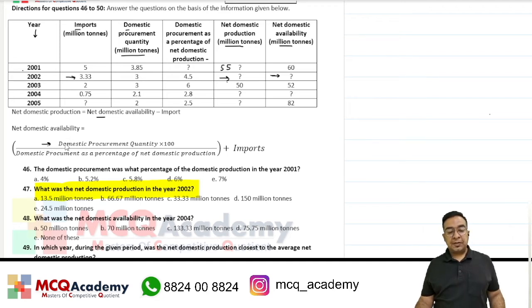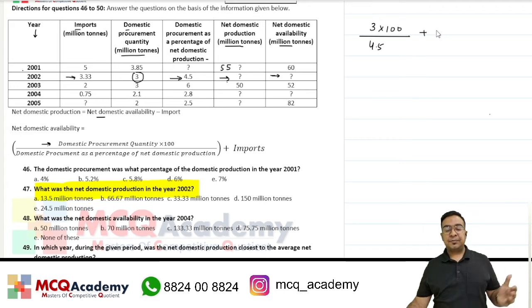Domestic procurement quantity, which is given in this case to be equal to 3, multiplied by 100 divided by domestic procurement as percentage of net production, this is equal to 4.5. We divide by 4.5, and then we need to add the value of imports, which is given as 3.33. If you have learned the number system and the basics of maths, you should know that 3.33 can also be written as 10/3.